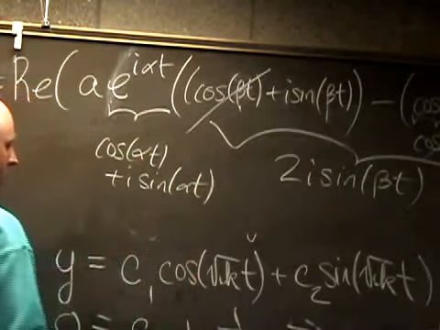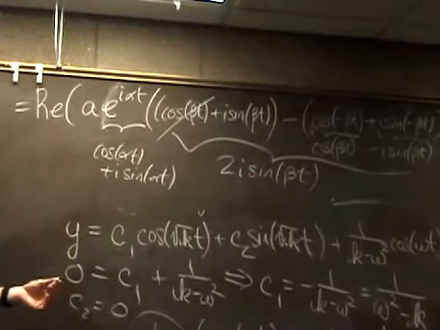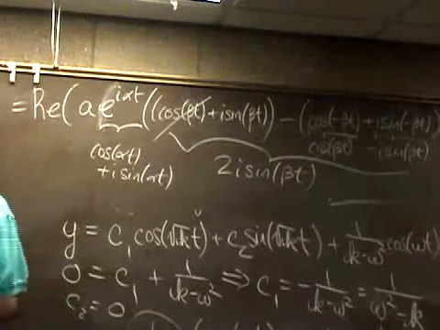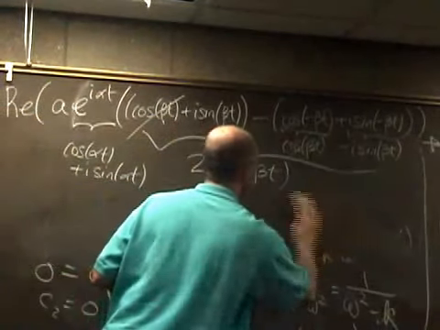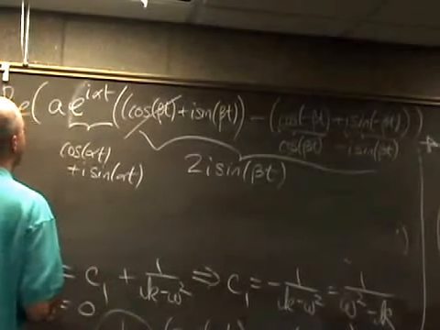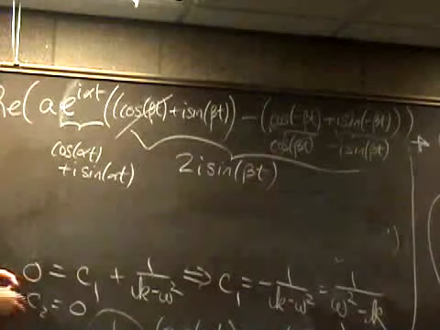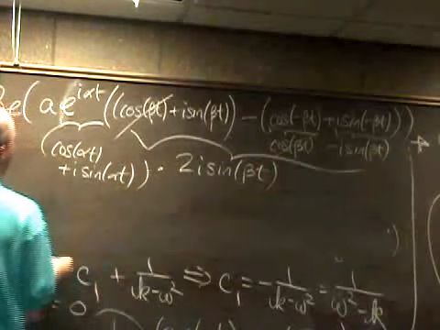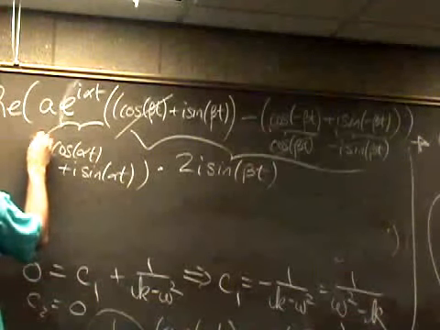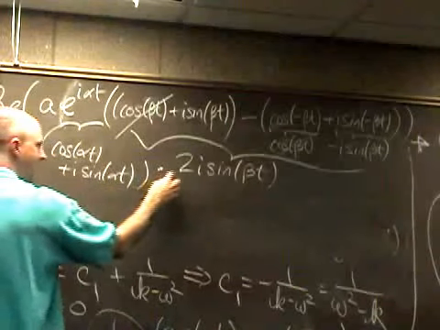Now, ultimately, I want the real part of this thing. My whole goal here is to try to find an alternative way to write y, my solution of the initial value problem. It's the real part of this thing. I've got the A, I've got this thing, and I've got times that thing.